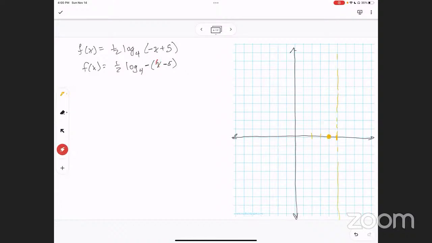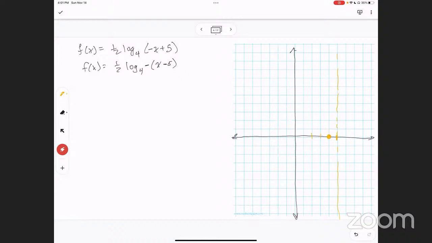What's 4 minus 5? That's -1, but then we have a negative of that, so it's +1. What's the log base 4 of 1? What's the log base anything of 1? 0, and 0 times 1/2 is 0. So that actually did work. Okay. And it's going to go this direction, right?